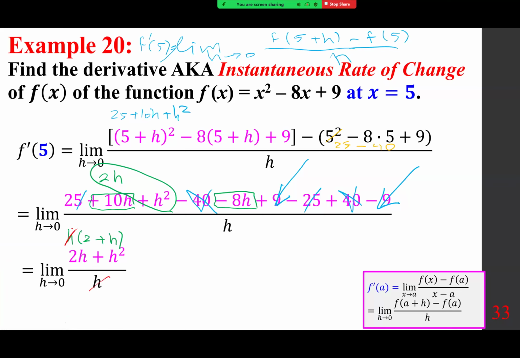We drop the common factor of h. If we plug in, we get 2. Please understand, we are applying the definition, okay?